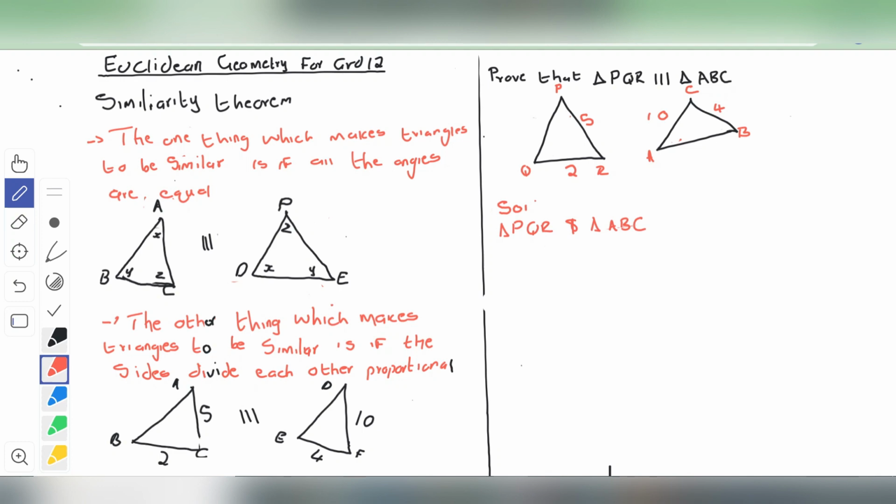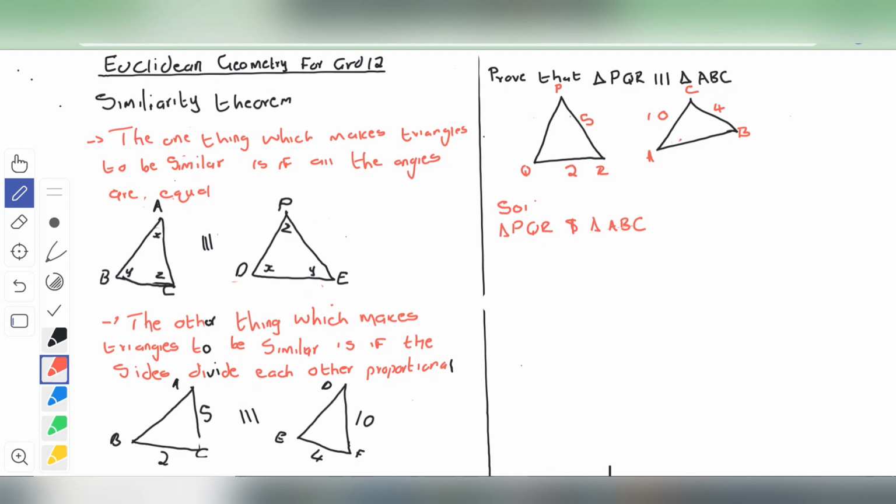So therefore, for proving similarity using the sides, guys, we're going to use the properties of proportionality, right? We focus only on the first triangle, which is triangle PQR. We have PR, we have QR.